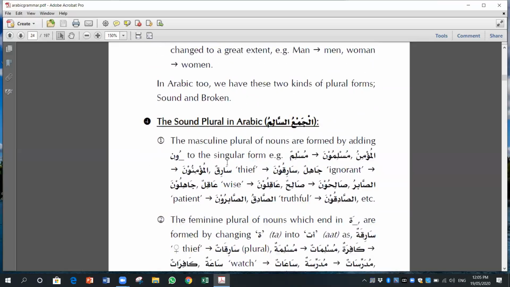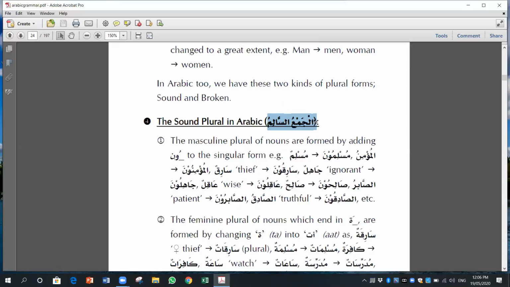And what is the Arabic term for sound plural? It's there on the screen. Salim. Al-Jam'u Salim. Salim means sound, like safe and sound. You gave examples in English, box, boxes, room, rooms.